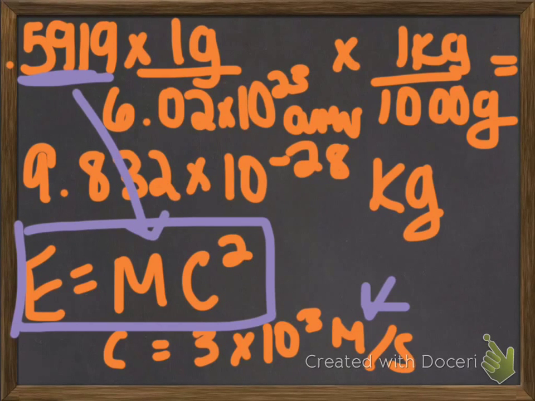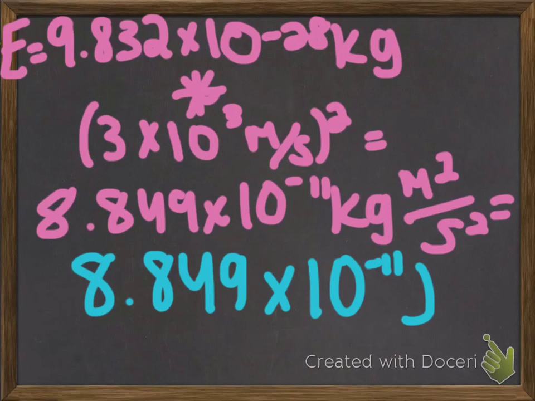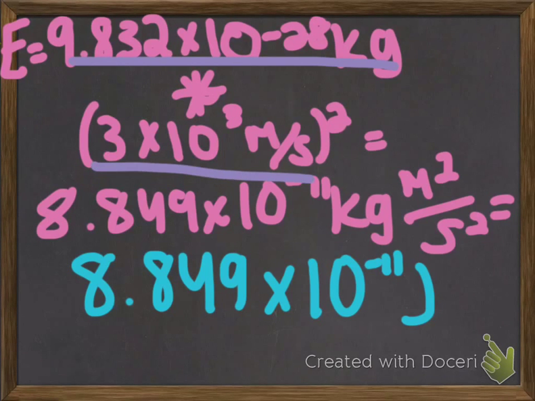So this is just the conversion that I did. Now this is the final product of my conversion, and I'm plugging both of these into the equation. So you get E equals mc squared, and you need to always make sure to square c.